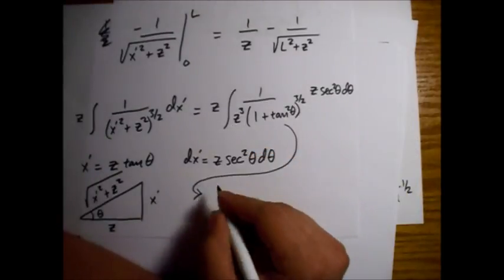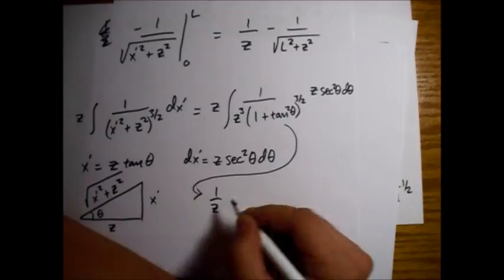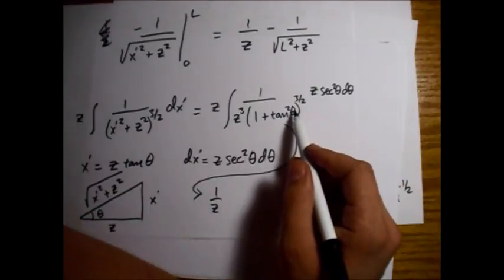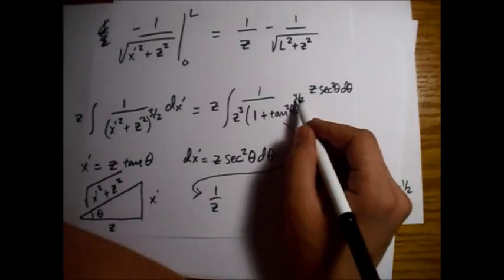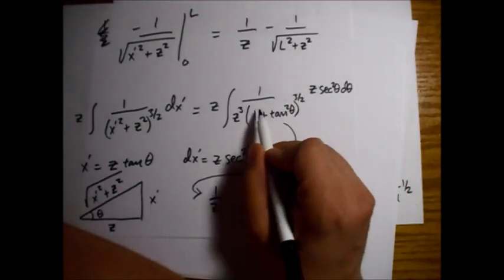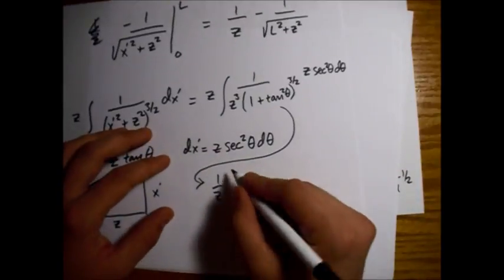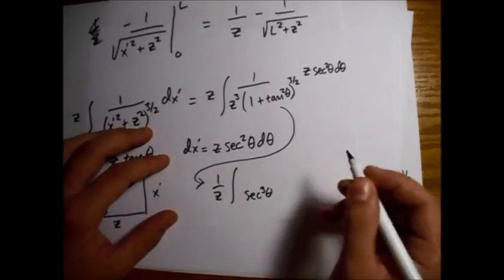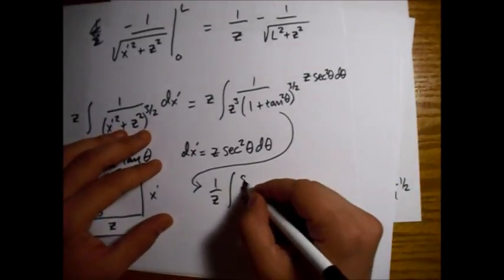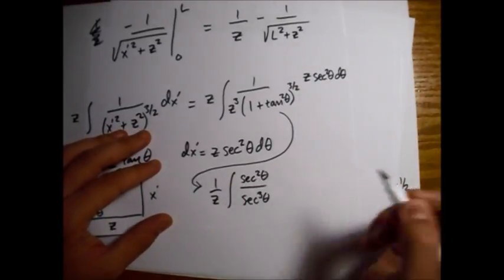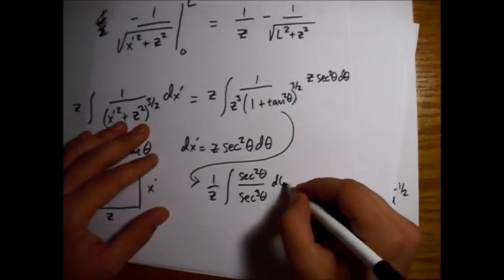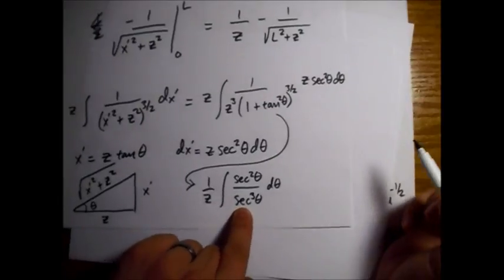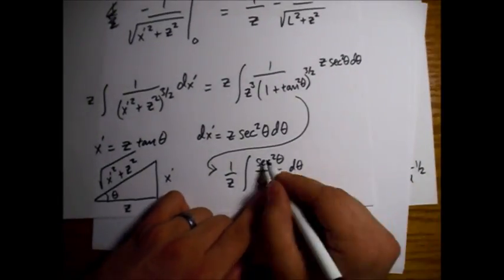All right, so now we get a 1 over z. 1 plus tangent squared is just equal to secant squared. So we get a secant cubed theta on the bottom, and then up top we have a secant squared. So we just have 1 power of secant on the bottom.